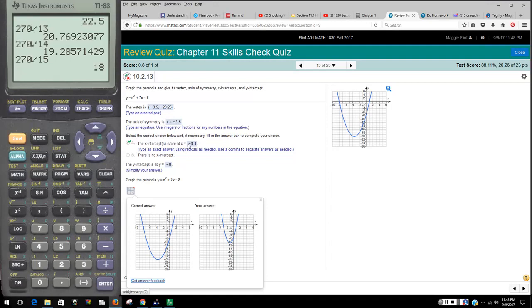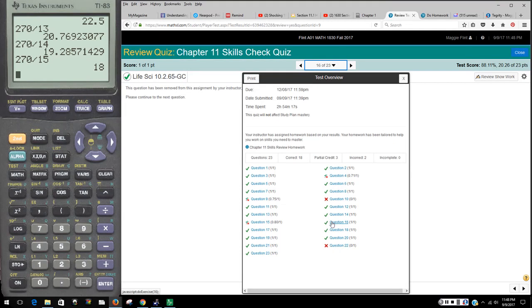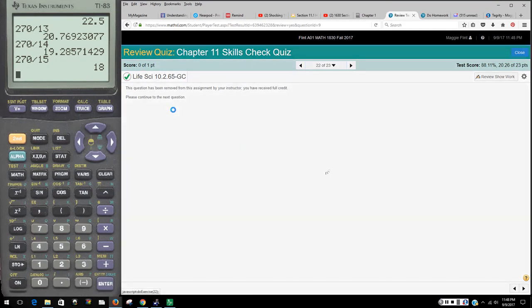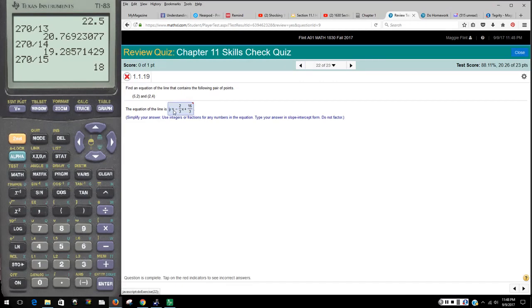Because the problem is, for me, I did not graph the intercepts correctly. So, again, my bad. Apparently I made an arithmetic mistake.